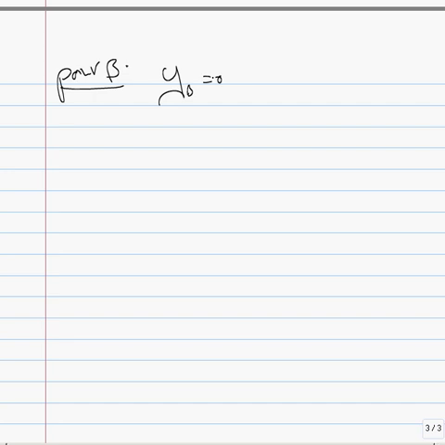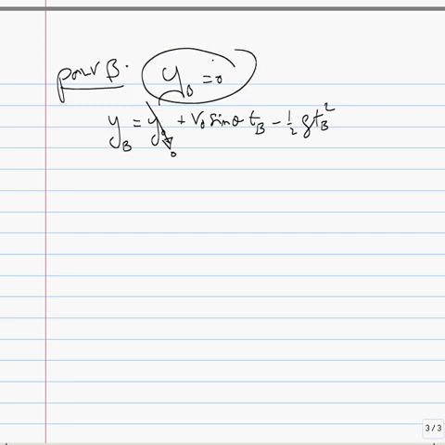This is going to be the equation of y as a function of time: y is equal to y naught plus v naught sine theta t minus 1/2 g t squared. Let's evaluate this at point B. This will become yb, y naught is 0, this will become tb, and this will become tb. And let's use the fact that yb is equal to 0. Therefore, this is equal to 0.